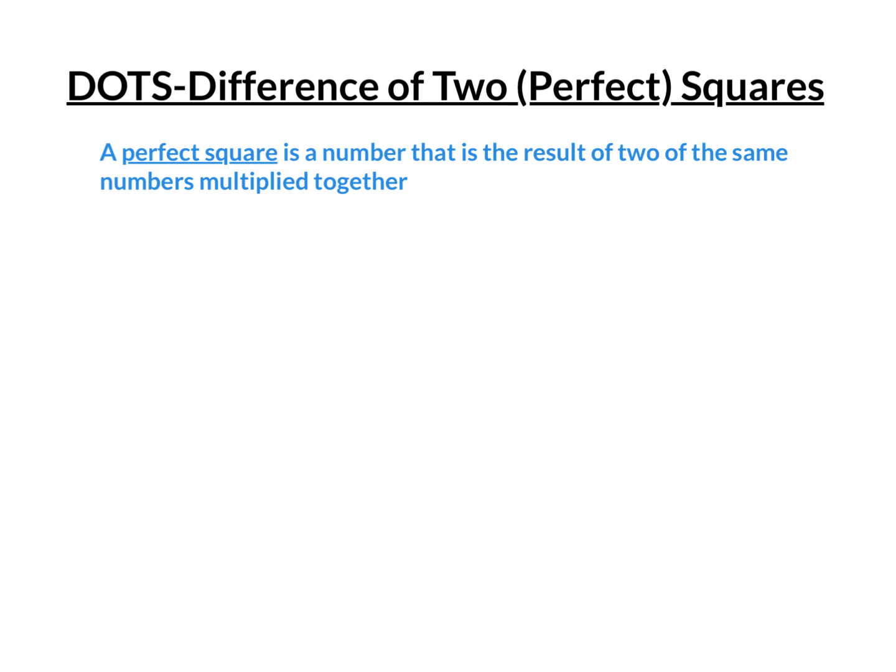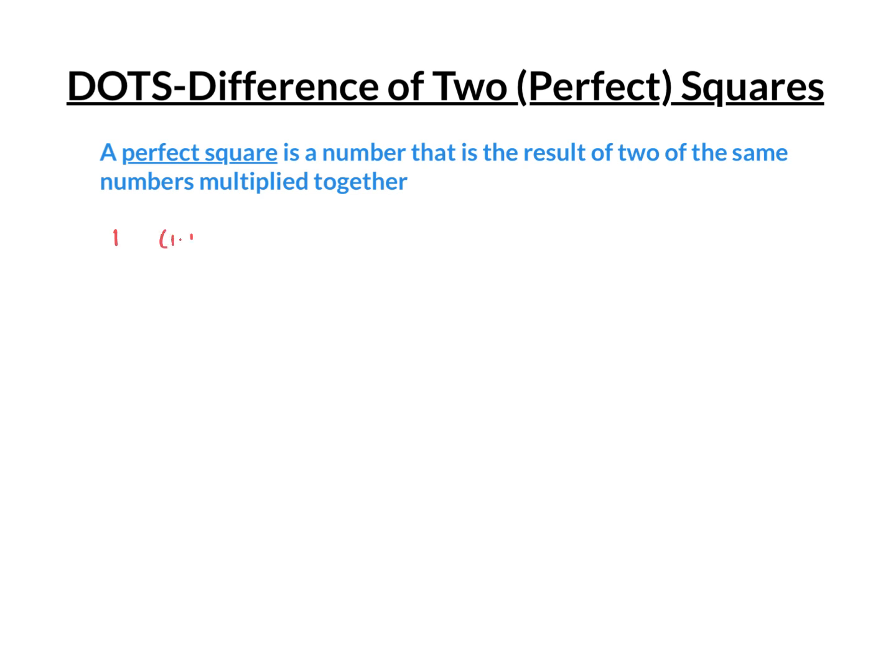Okay, so DOTS. DOTS stands for difference of two squares, but more specifically, difference of two perfect squares. So what is a perfect square? Well, a perfect square is a number that is the result of two of the same numbers being multiplied together. So what could that look like? Well, the first perfect square is really 1. Why?